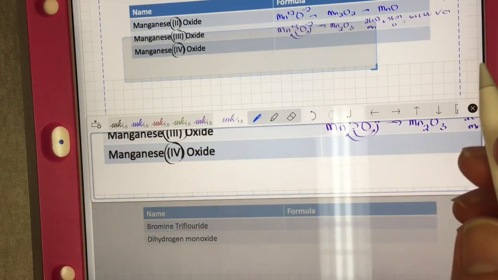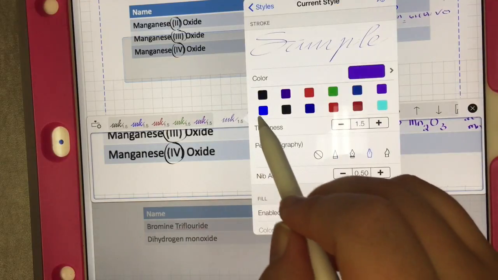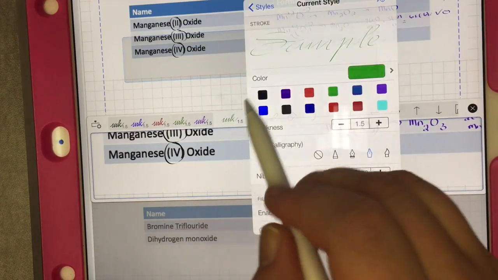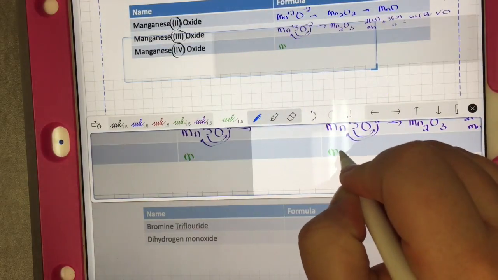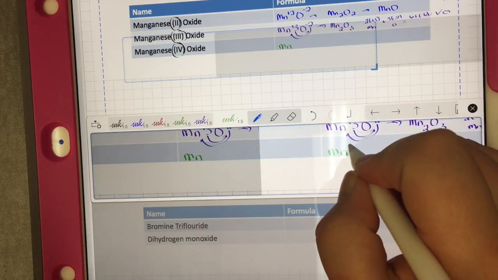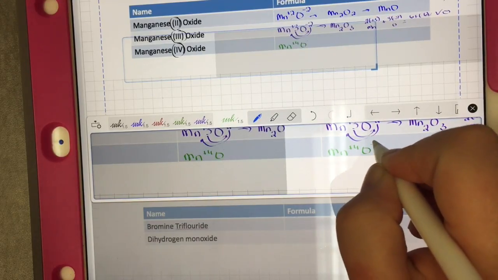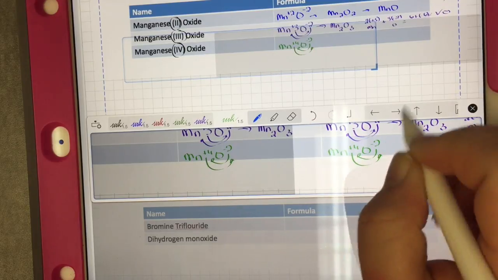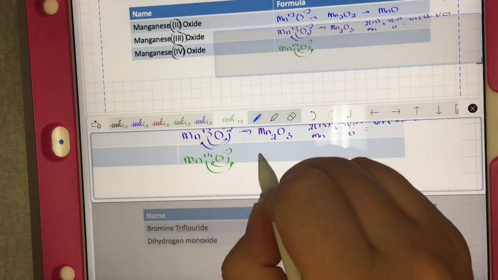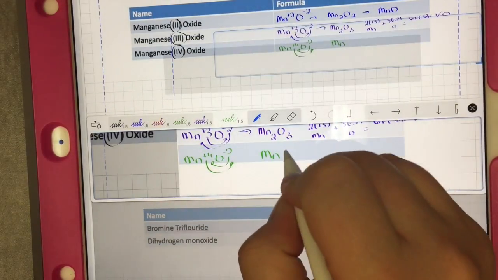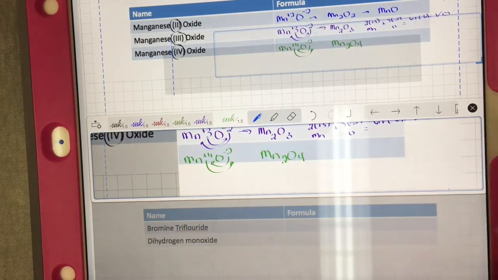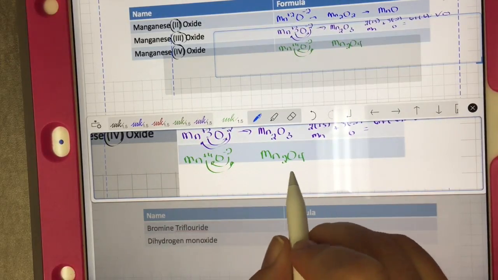Now we have manganese 4 oxide. Now our charge is positive 4, oxygen is negative 2. We're going to cross our charges. It's going to be Mn2O4. And automatically we see that we can reduce this down.